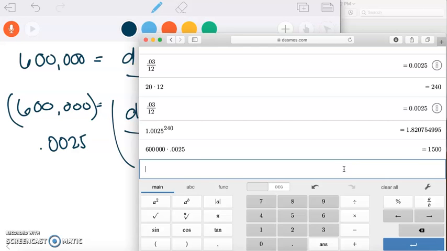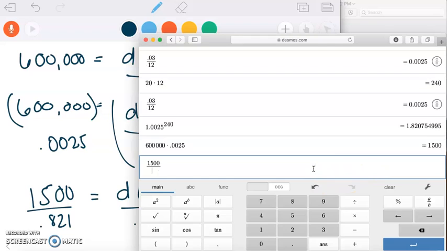We're going to end up with 1,500 on this side. These cancel each other, so now we have D times 0.821. We're going to divide both sides by 0.821, and we're going to maintain that decimal for a little bit longer. So then these are going to cancel, and we're going to end up with D equals 1,500 divided by, and I'm going to go ahead and just copy and paste this down.